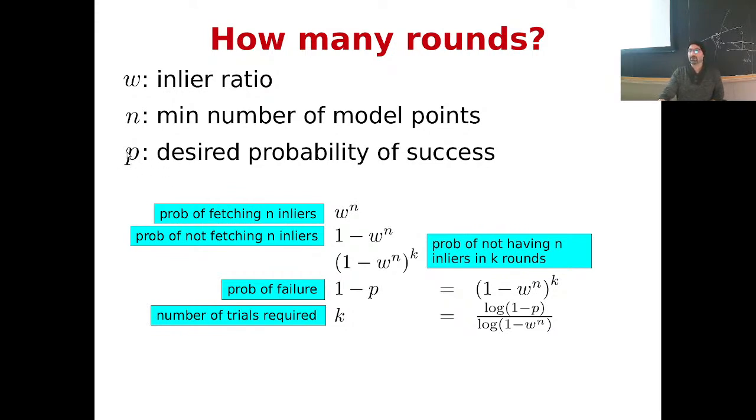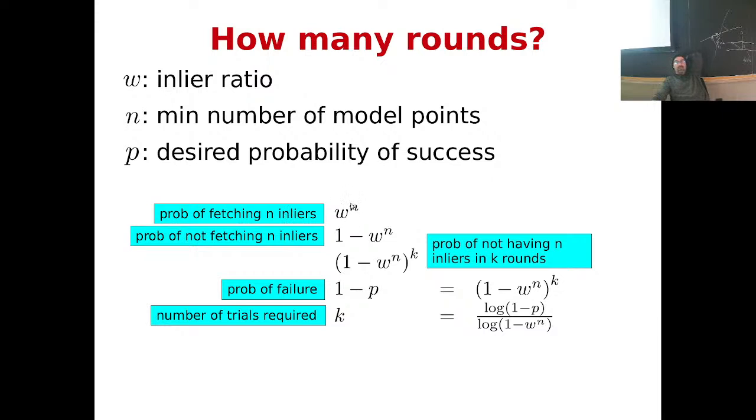And then let's say another variable, what I want to figure out is the number of rounds, and the probability of success, P. Now, what I want to know is how many times I have to run RANSAC in order to have at least a probability of 0.99. Let's derive it this way. In order to find a correct solution, I need to be lucky n times. So given that picking an inlier is an independent event, the probability of fetching all inliers would be W to the n.